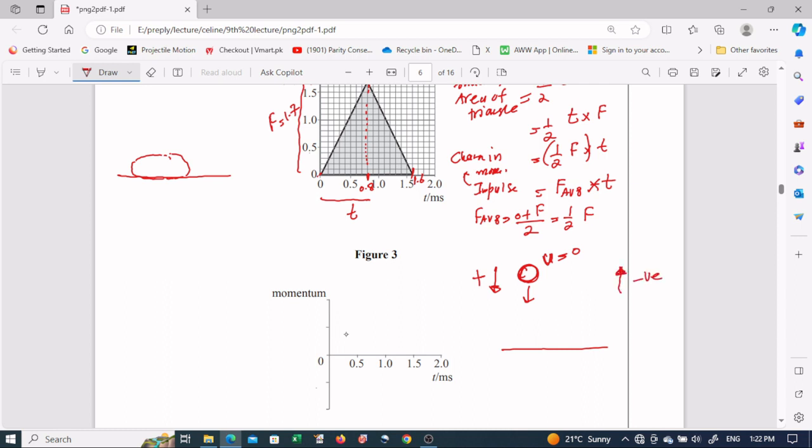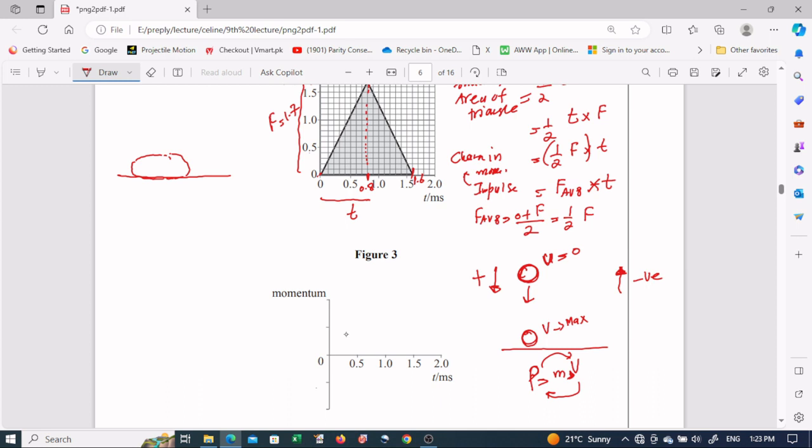When the ball goes down, before striking the ground, its speed becomes maximum. We know that momentum p is equal to m into v, so momentum is proportional to velocity. If the velocity changes from 0 to maximum, the momentum changes from 0 to mv.